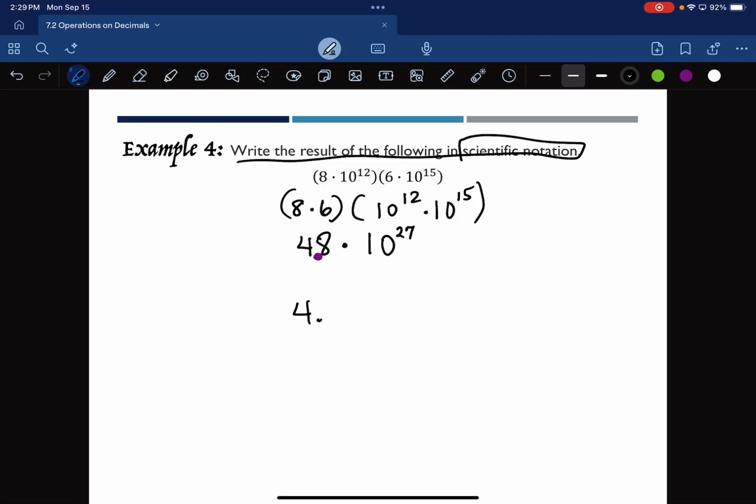Now, I can't just put the 4.8 in here without accommodating for the change that I've made. Did I have an originally large number, 48, or small number? It was too large. Now, if I had divided these, I might have ended up with something that was too small. True? I could have, right? If the number had been 8 over 6 or 6 over 8, I might have potentially ended up with something too small to actually have it in scientific notation. This one's too big. So when I made the 4.8 out of the 48, it started out originally large. I have to accommodate by increasing the value of the exponent.